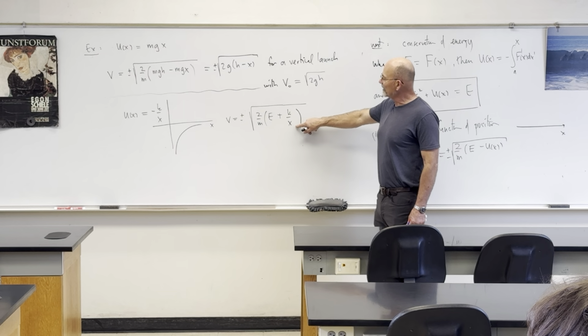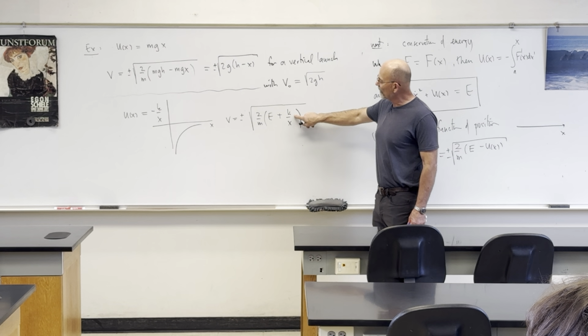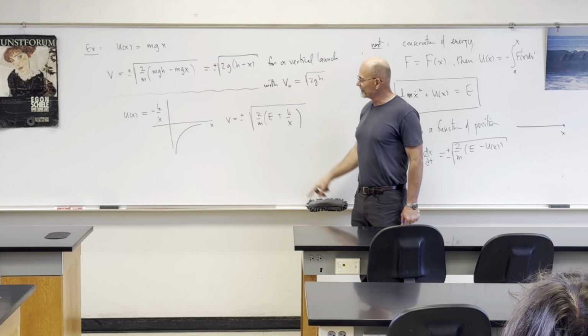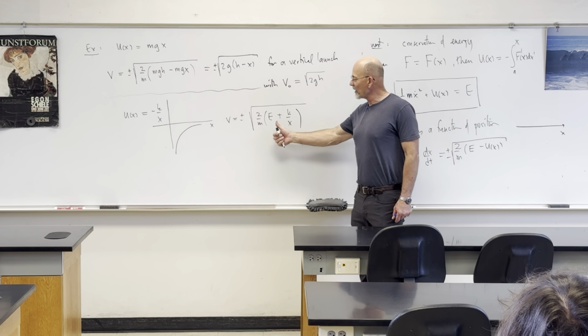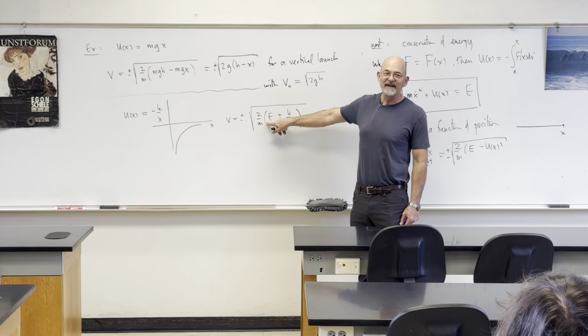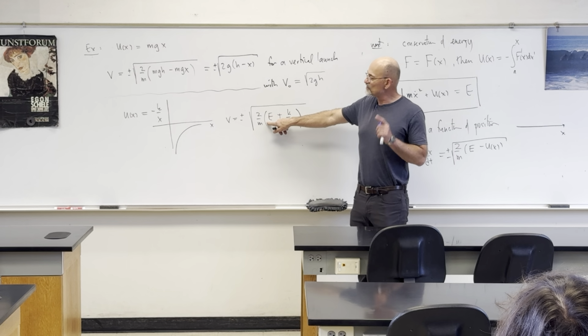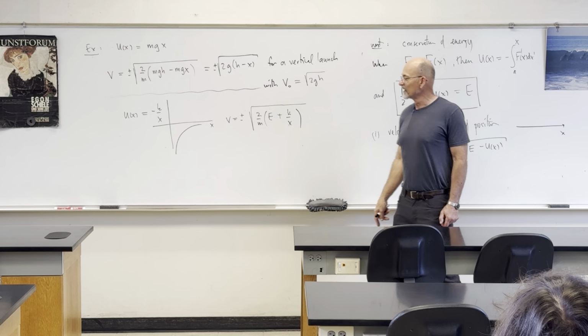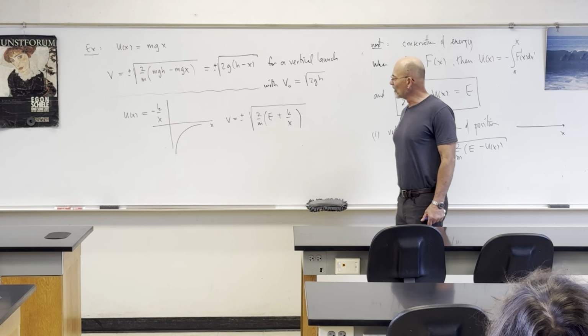If I let x go to infinity, this thing goes away. I've got 2E over m. Apparently, this thing is going out to infinity and it's got some speed left over. So I've launched it with an initial speed greater than the escape speed. So that's how that's going to play a role.